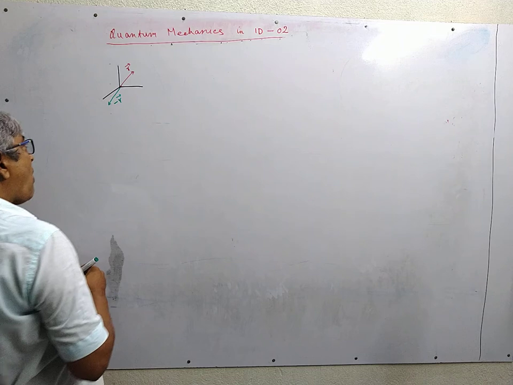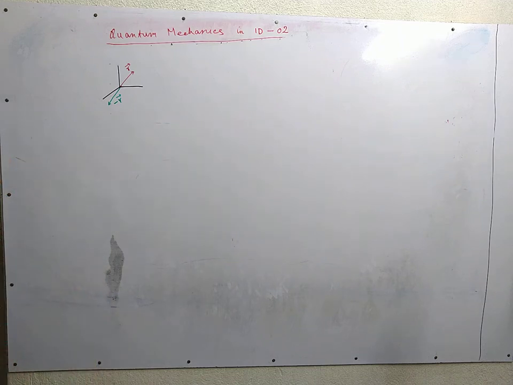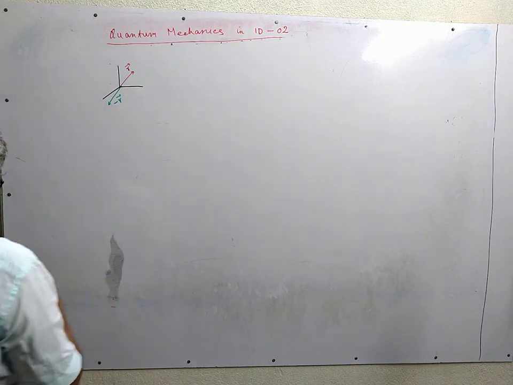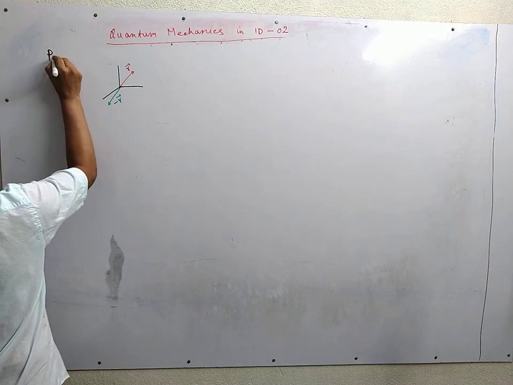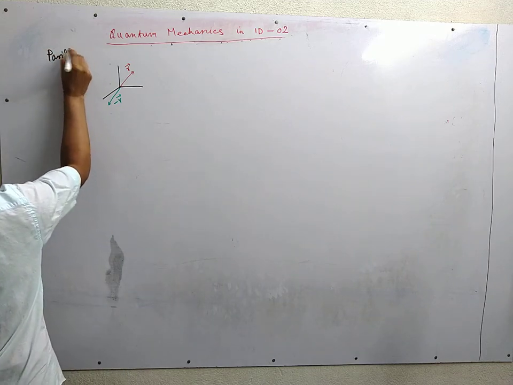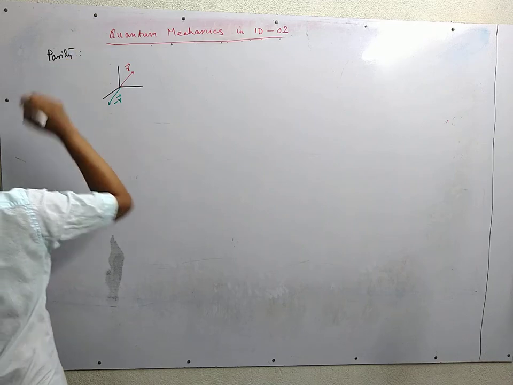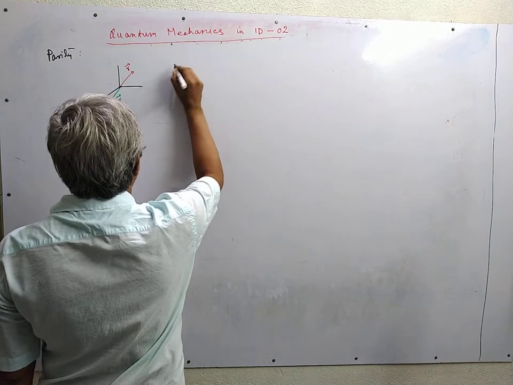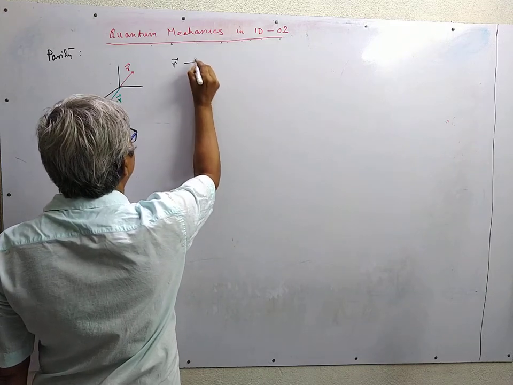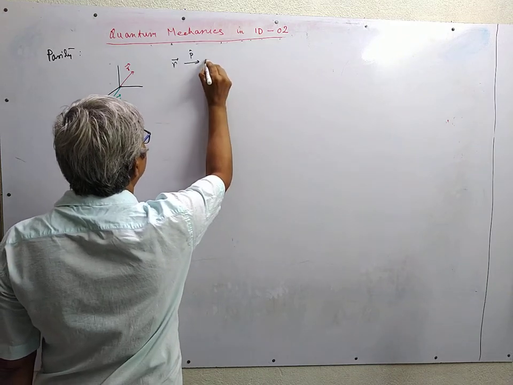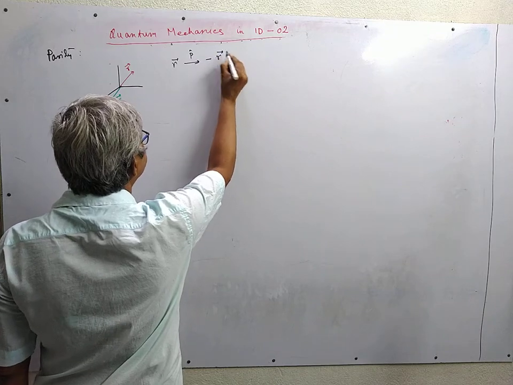So the operation that transforms plus r into minus r is called the parity operator. If we call the parity operator P, then r when operated by P becomes minus r.